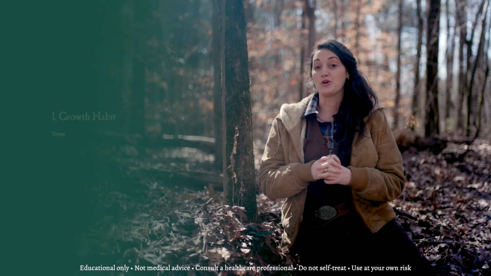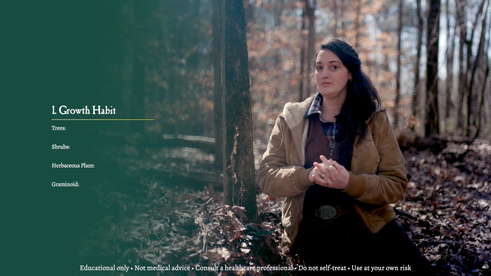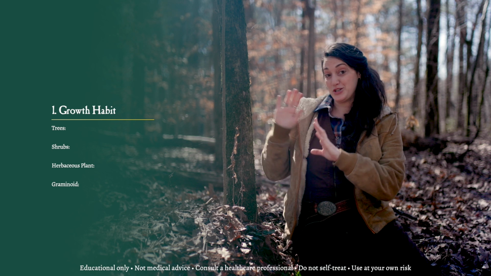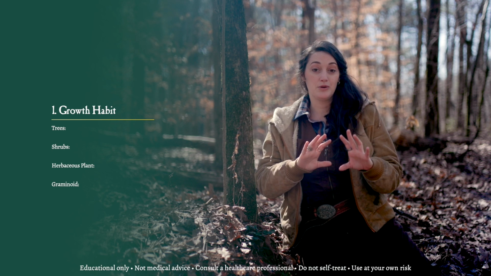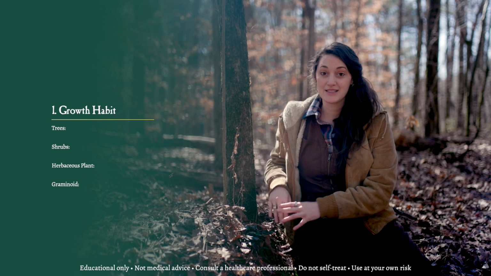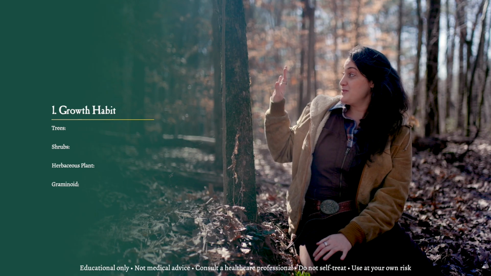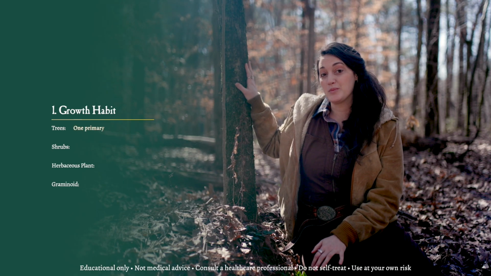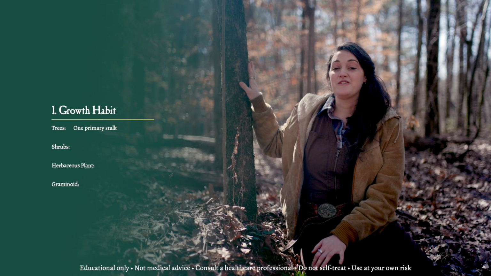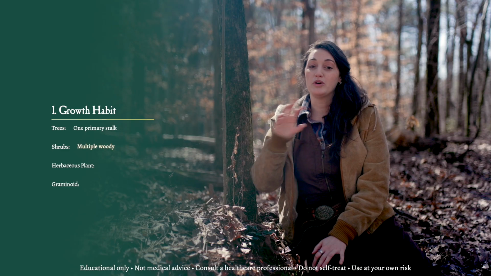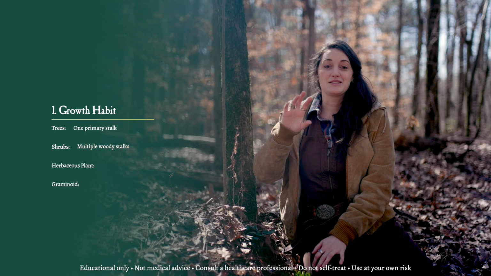Ready? Okay, so let's start with the first framework or category, the growth habit of a plant. And this is whether it's a tree or a shrub or an herbaceous plant. And if it's a tree, we know it's a tree because it has one primary stalk. If it's a shrub, it has multiple woody stalks or stems.